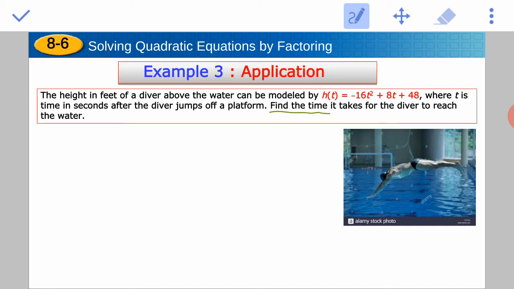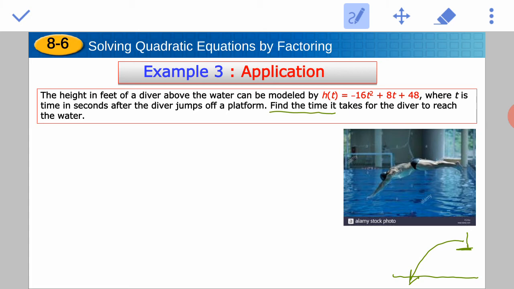So guys, our job is to find the time it takes for the diver to reach the surface of the water. Guys, consider there is a diver standing on a platform like this, and this is the surface of the water, and this diver is jumping into the water this way. Guys, it's part of an upside down parabola, so even the diver jumping into the water is considered a parabola. So parabolas are around us.